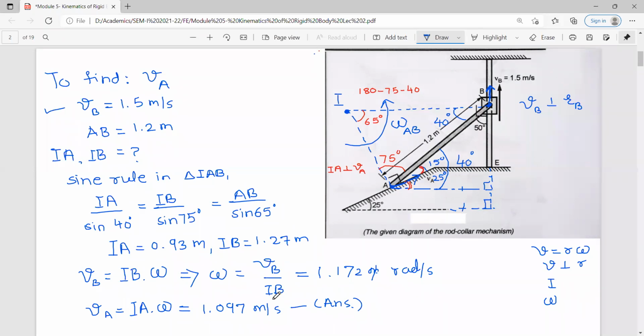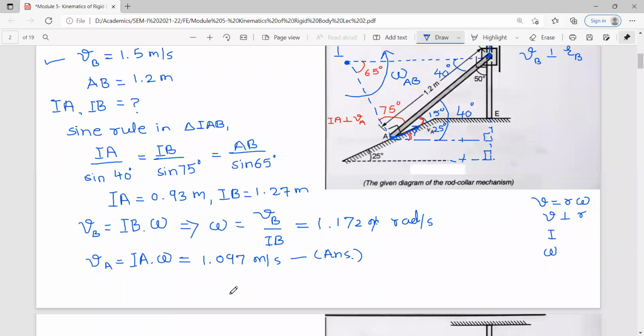Then after that, it is the magnitude. And what is the direction of velocity of point A? See, what is the direction of point A? It is along the inclined plane. The inclined plane is inclined at 25 degree. So you can show the direction like this.